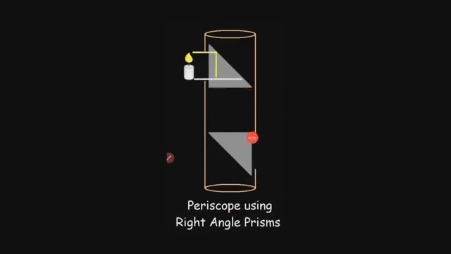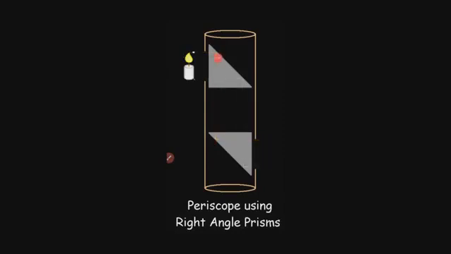So this is the parallel combination. When the light comes here and hits this face, which is at a 45-degree angle to the object, it gets reflected here.